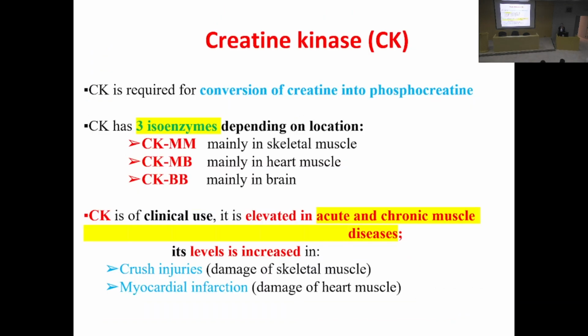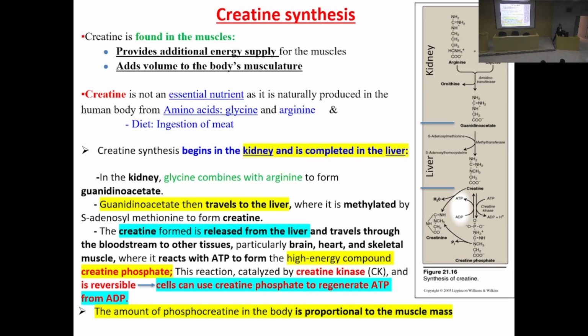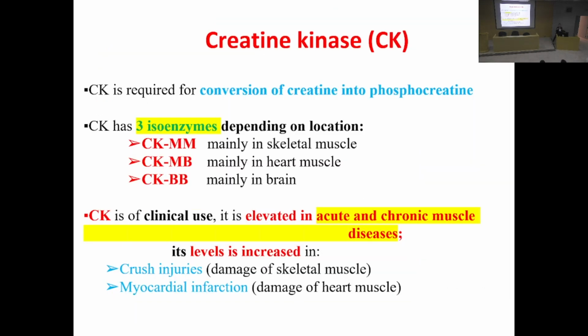All right, creatine kinase is the enzyme responsible, as you can see here, for the phosphorylation of creatine into phosphocreatine or creatine phosphate, okay? So in our body, we have three types or three isoenzymes of creatine kinase, and the difference between them is just the location. Once it is in skeletal muscle, we call it CKMM.